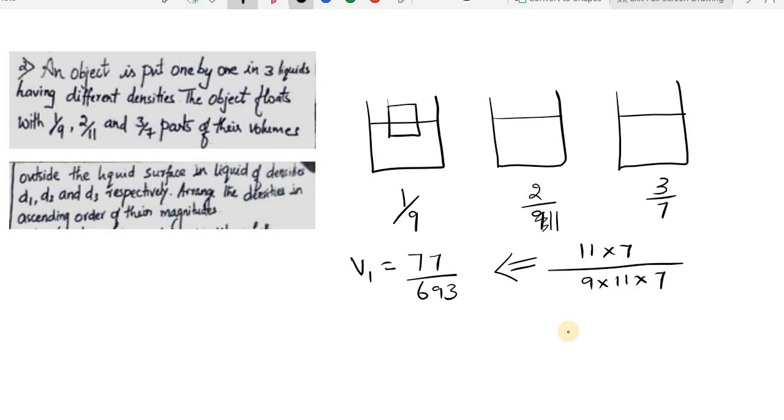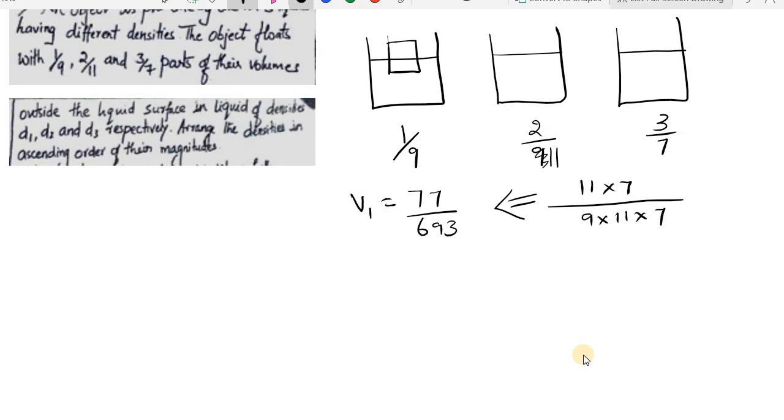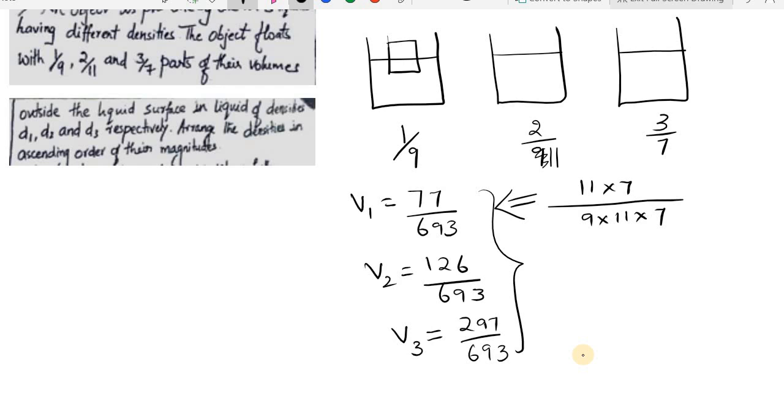So if I do that, I would get 77 by 693. Similarly, V2, if you follow the same process, I would end up with 126 by 693, and V3 equals 297 by 693.